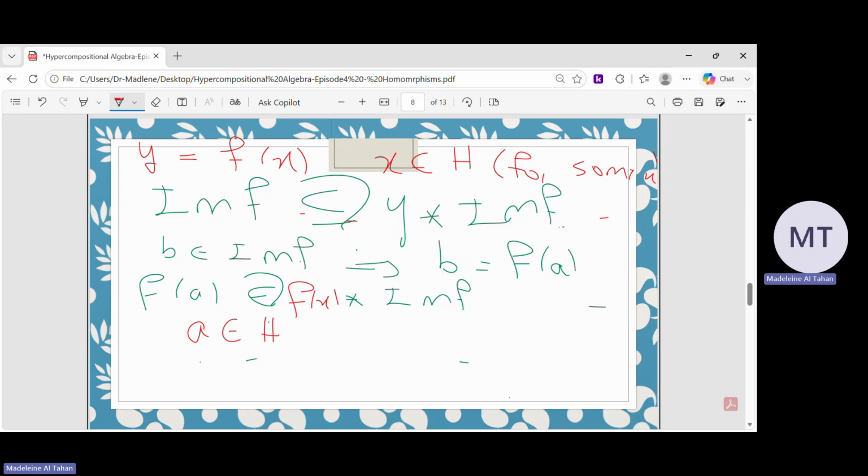So it's enough to show that a, we can write it as, or it belongs to x star something, let's say a prime.